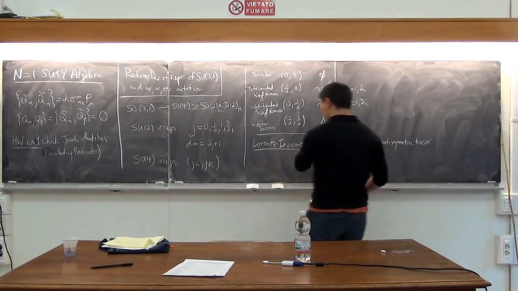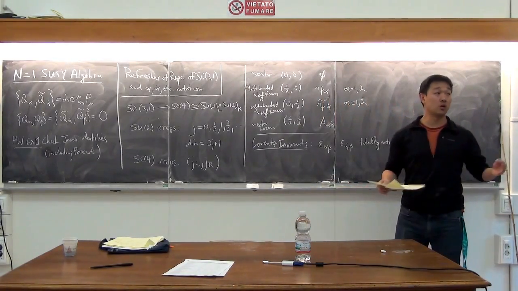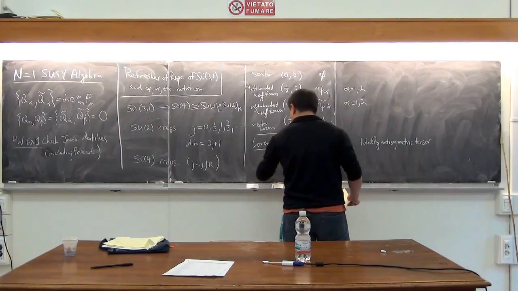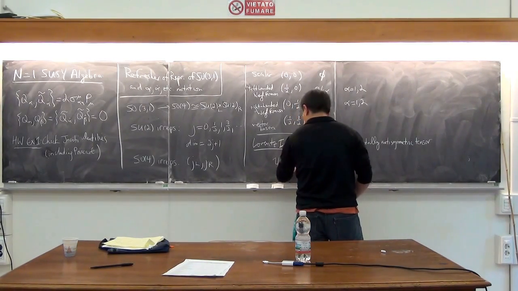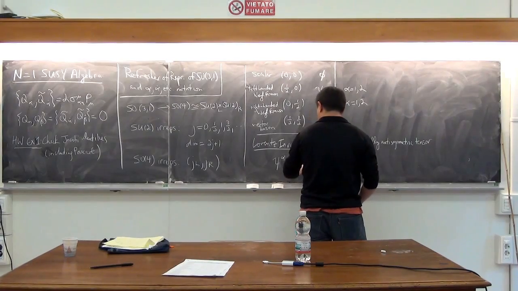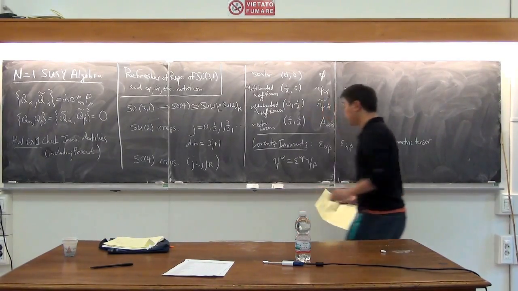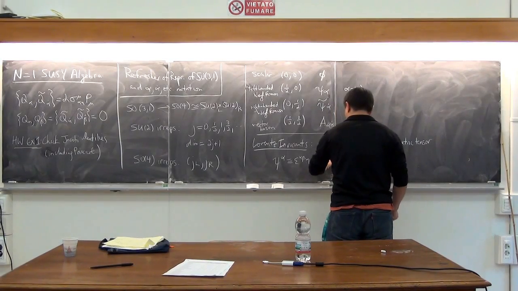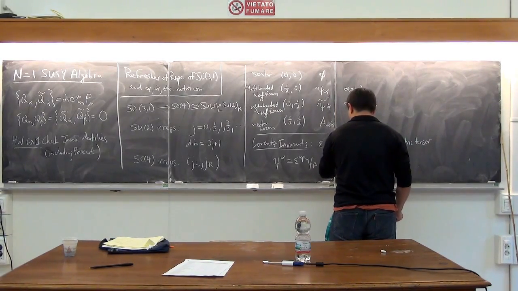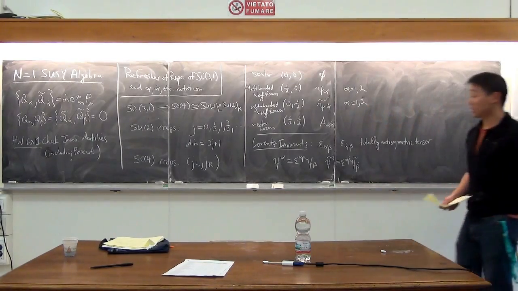And so we also use this to raise and lower indices, right? So we have psi alpha with a raised index is epsilon alpha beta psi beta. And psi alpha dot is epsilon alpha dot beta dot psi beta dot. Like that.